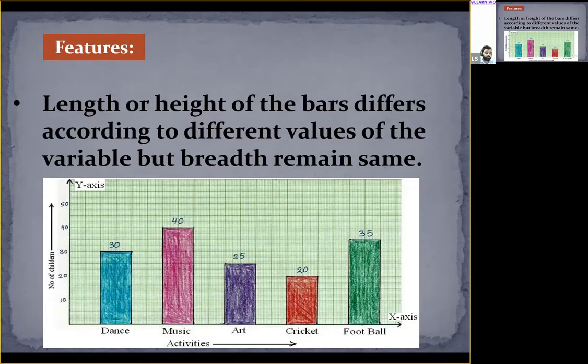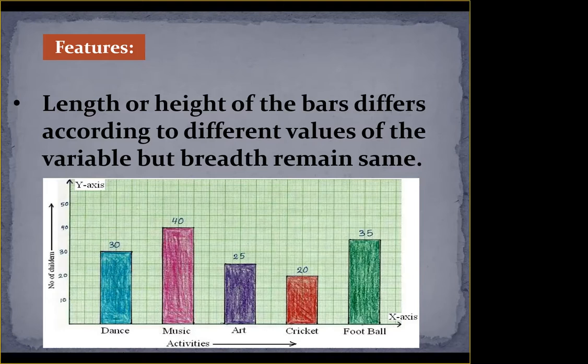But irrespective of the length, the breadth of each rectangular column will always remain exactly the same. Okay, is this clear to all of you? This is one feature of the bar diagram.